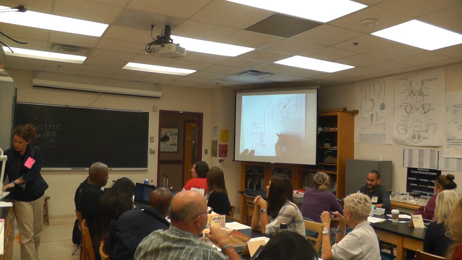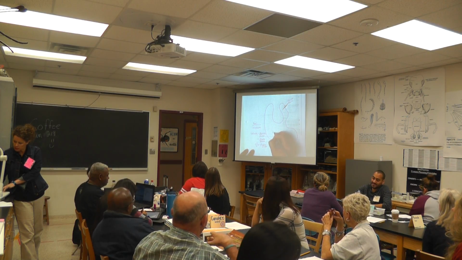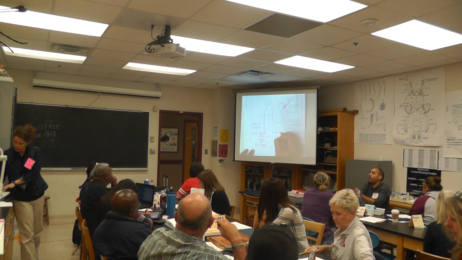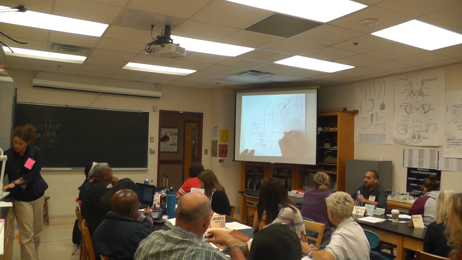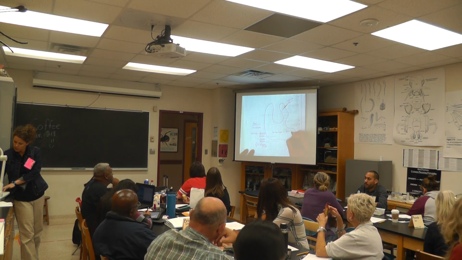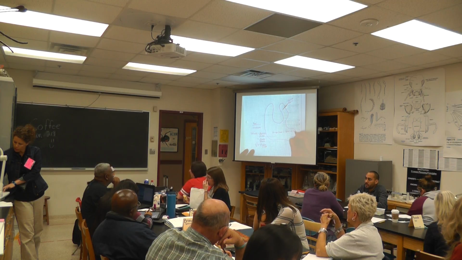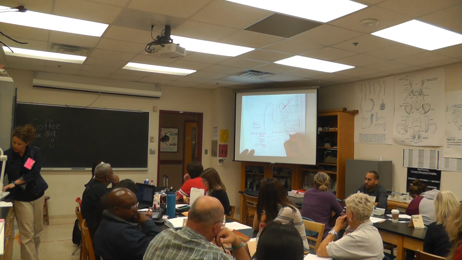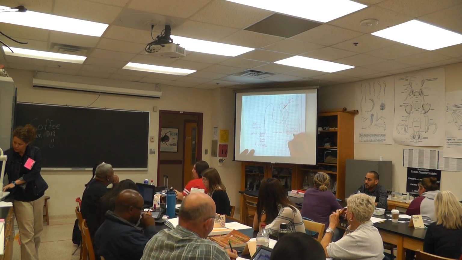Okay, but here's what they do, they calculate the average speed of the runners. The average speed is the total distance that they covered divided by the total time it took them to run it.